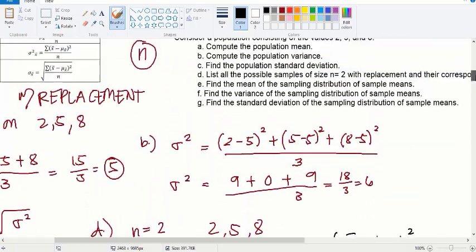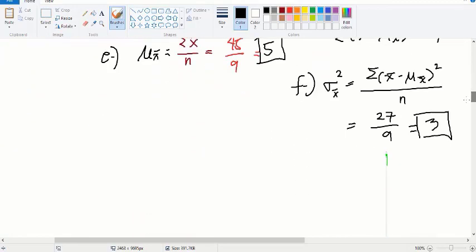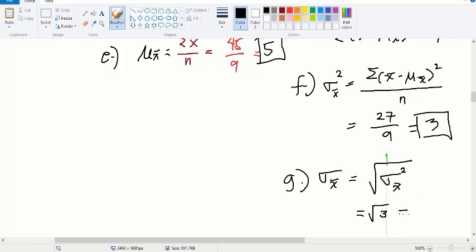Probably, ang tatanong niya next is standard deviation, no? Yes. Letter G is find the standard deviation of the sampling distribution of sample means. Okay, this one, the standard deviation of the sample mean is just the square root of the variance of the sample means, which is square root of 3.